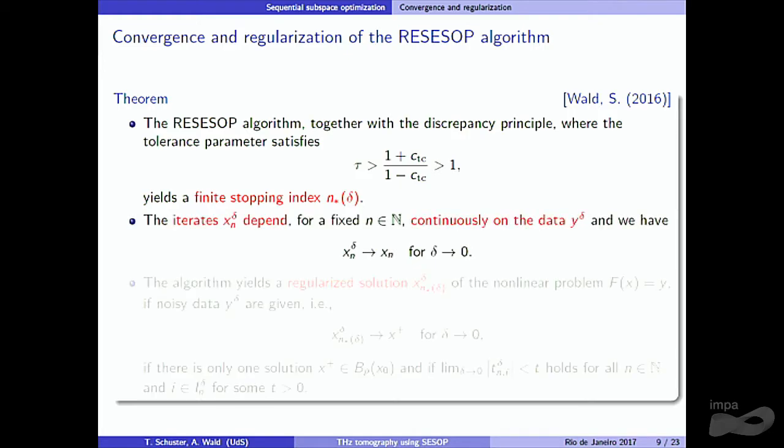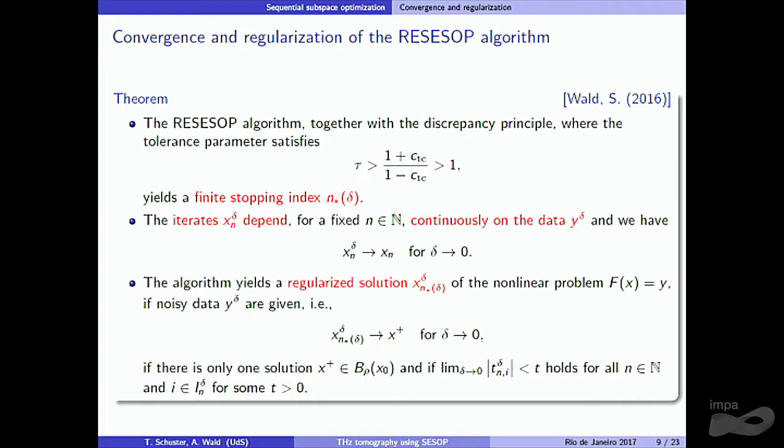The second thing we can prove is stability. That means if you have a fixed iteration index, so fix n, then you can prove convergence of the regularized iterate to the iterate xn of the exact data. This means stability of your method.